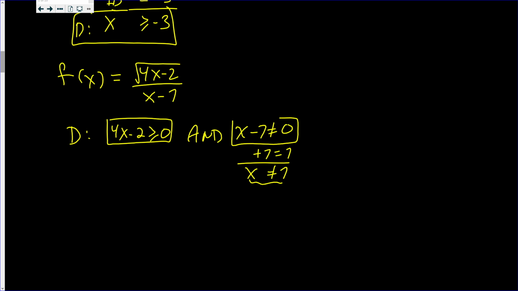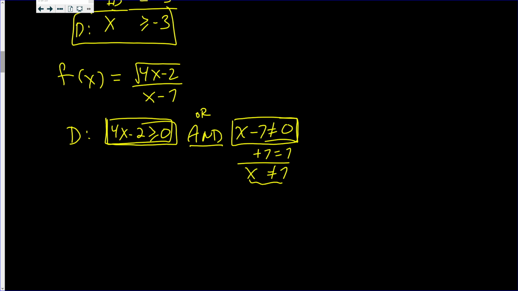That doesn't mean what's under the radical will be positive. Both statements must be true. This statement and this one, they have to both be true. It's not "or." Or means one or the other, or both.